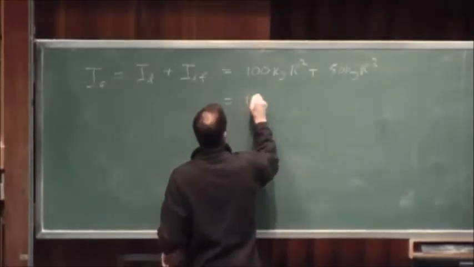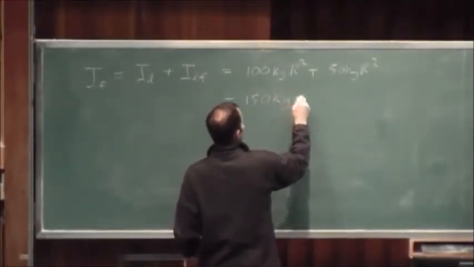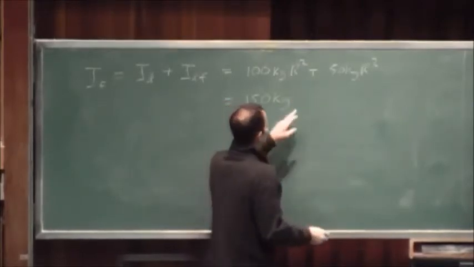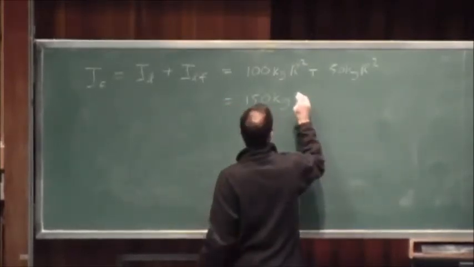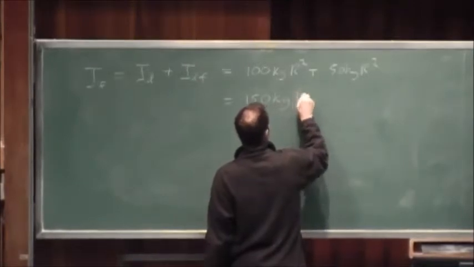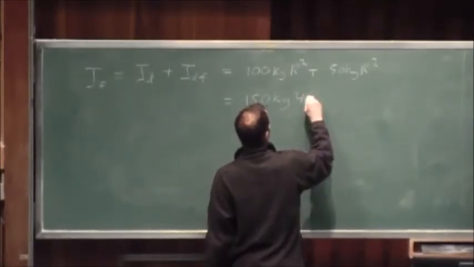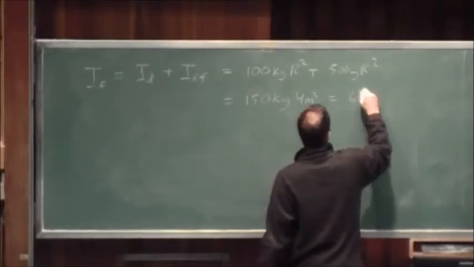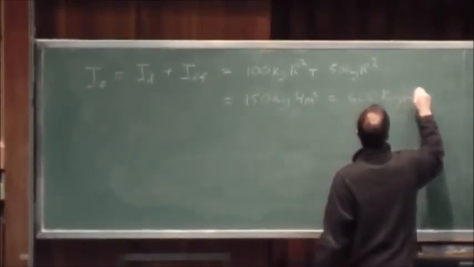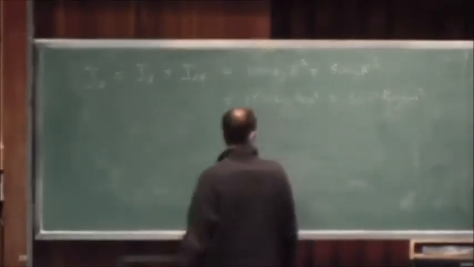And so we see this is 150 kilograms times r squared, which we said was 2 squared, so we get 4 times this, 4 meters squared, so this is 600 kilograms meters squared.